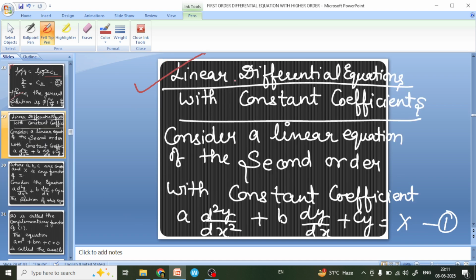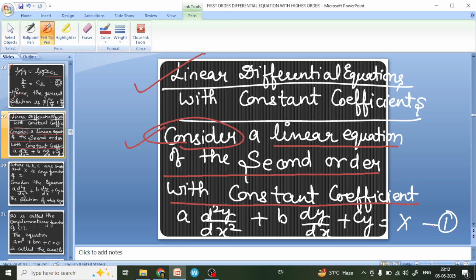Now next is a linear differential equation with constant coefficients. For this, first of all, you have to consider a linear equation of second order with constant coefficients. It is given in this form: a d square y over dx square plus b dy over dx plus cy is equal to X. This is the first equation.